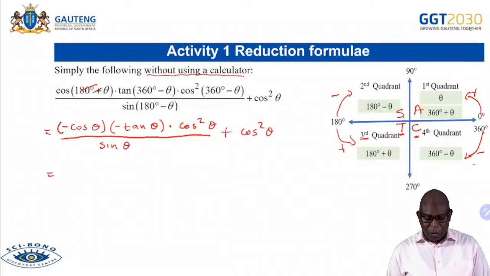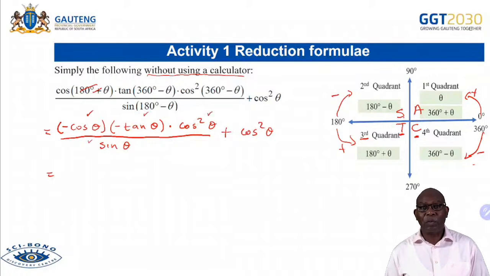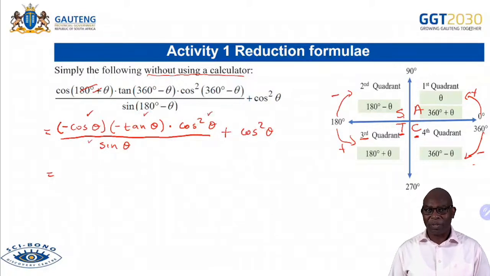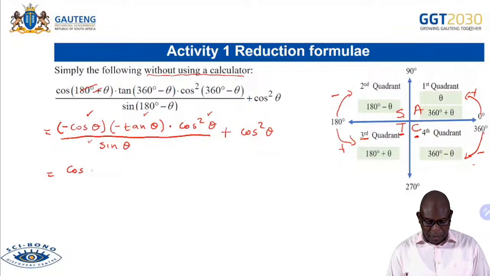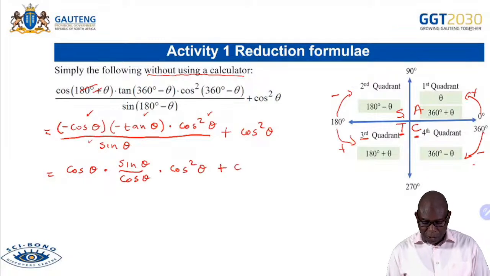All right, so with this, you have 1 mark, 2, 3 marks already, 4 marks. On this step, you already have 4 marks if you know how to do it. Then from there, I'm going to say a negative times a negative is a positive, so I no longer have a negative. This tangent is sine theta over cos theta. Cos squared theta remains, plus cos squared theta.